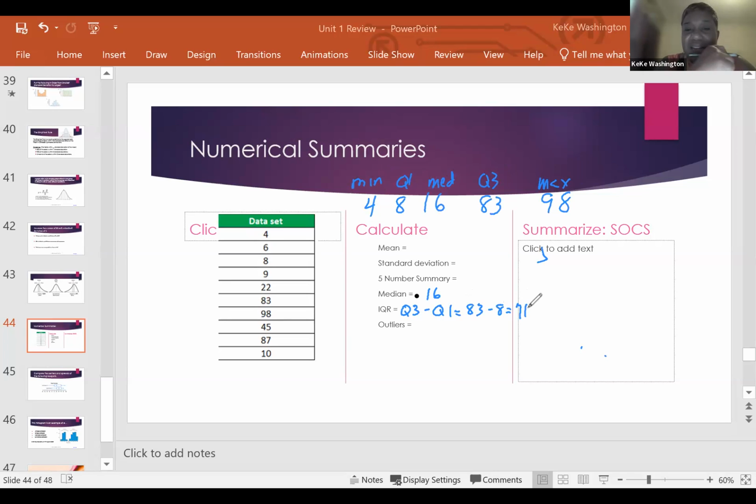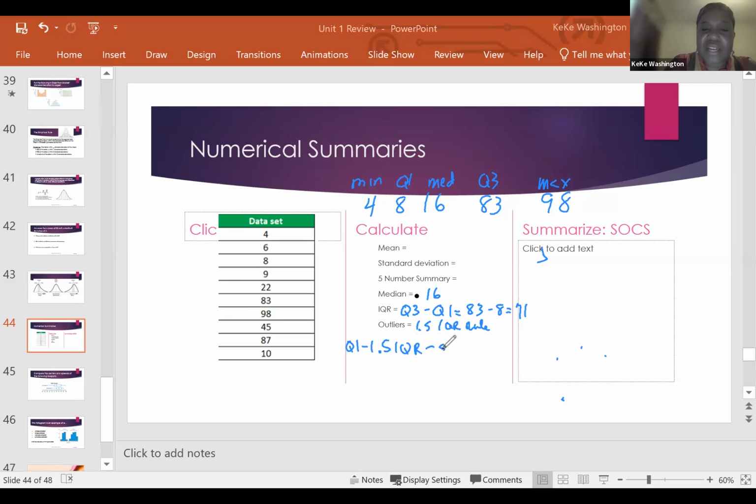So I'm calculating this to determine if we have any outliers. For the outliers, we want to use what we call the 1.5 IQR rule. This rule says that you take your Q1 and you subtract 1.5 IQRs.